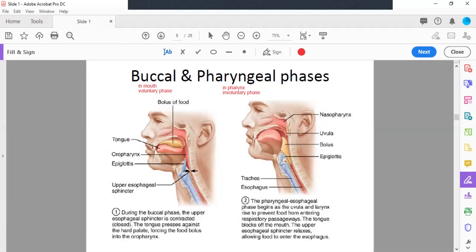At the same time, the larynx goes up to prevent the bolus of food from going into the air passage, which is the larynx. All this helps the bolus of food to move into the esophagus.